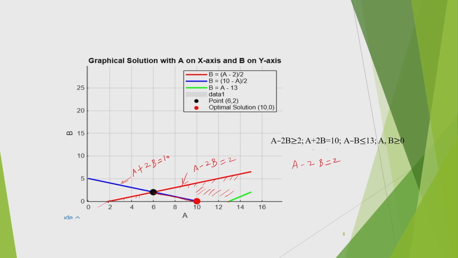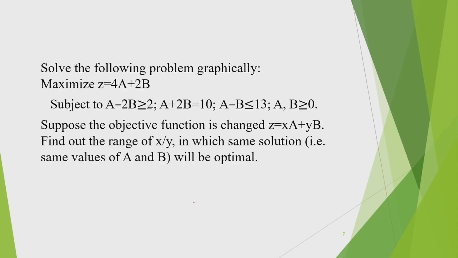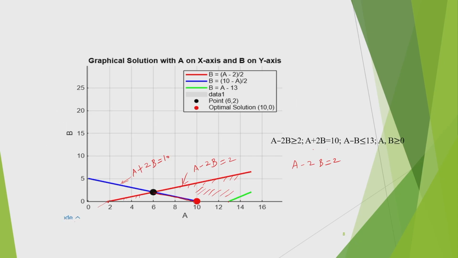And if you had taken the point 10 and 0, then also your profit would have been the same. So you are actually getting many solutions. This corner is a solution and this corner is also a solution. If two adjacent corners are solutions, then the line joining them will also be a solution. So all the points are solutions of this problem.